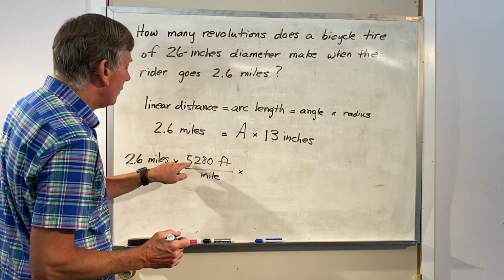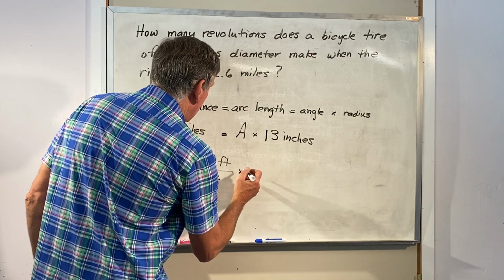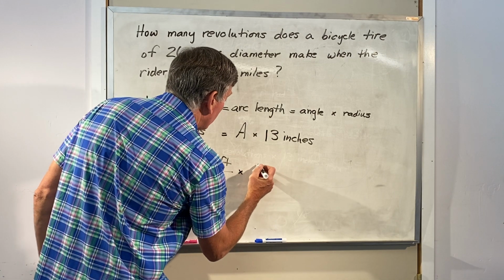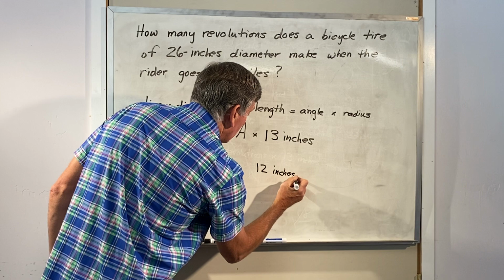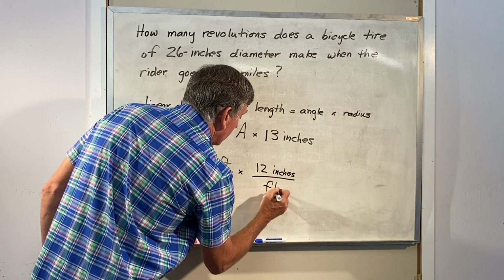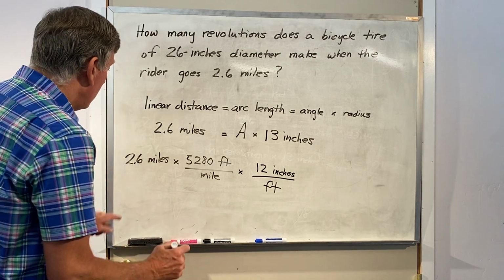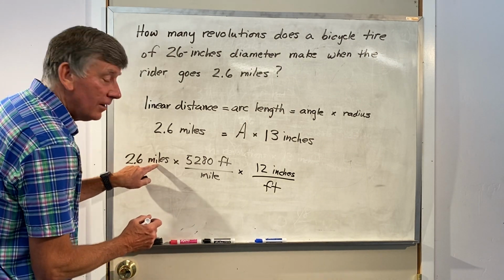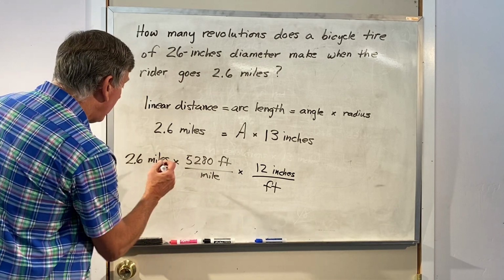Now we're going to convert this 5,280 feet to inches. And I'm going to multiply by 12 inches per foot. And I think I'm there, because now the miles is on top. It's going to cancel with the mile unit on the bottom.